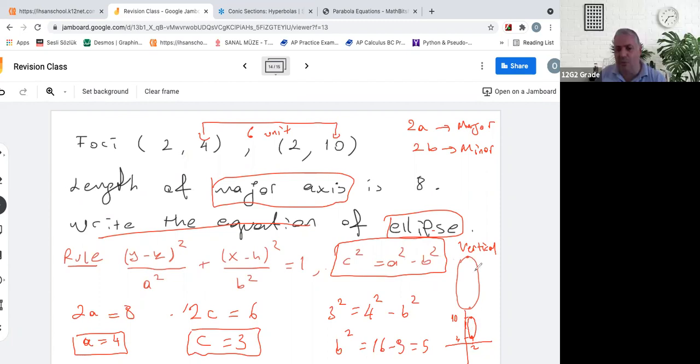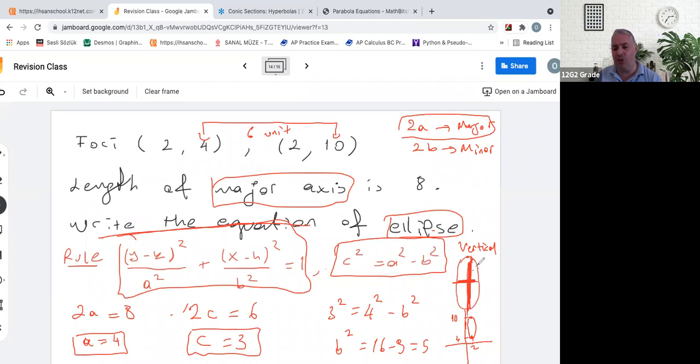And then this is vertical. When vertical, that's the formula. If horizontal, we say (x minus h) squared divided by a squared. So where we have the major axis, the longest one, this is the minor, small, and this is major.